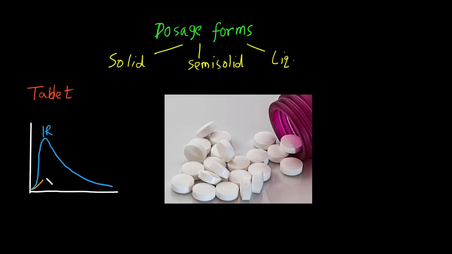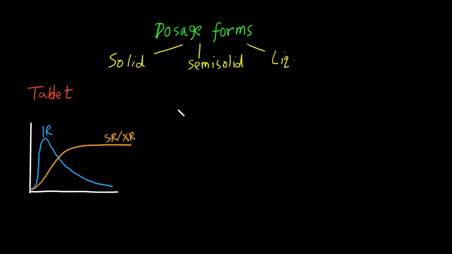And there are other tablets which are known as delayed release. Delayed release tablets are actually enteric coated tablets. If the drug is not to be released in the stomach, because stomach acid may degrade the drug, in those cases we give enteric coating.